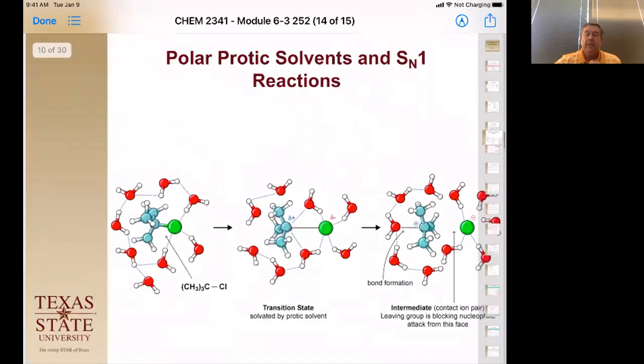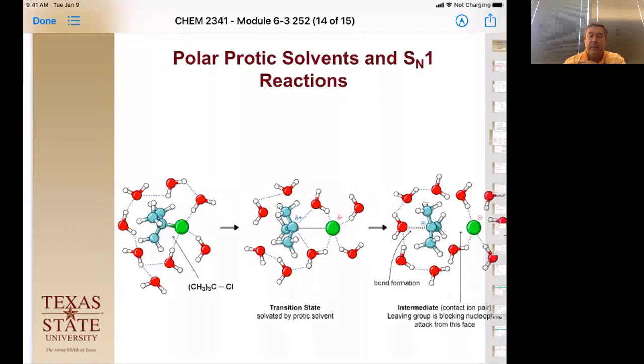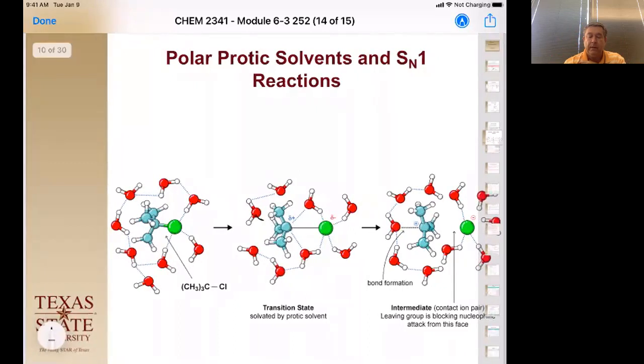Okay. So I said polar protic solvents are really commonly used in SN1 reactions. It's partially due to the fact that, because it's polar and protic, the leaving group is hydrogen bonded to very well by the solvent, which makes the leaving group easier to leave. In addition, the partially negative side of the solvent can help stabilize the carbocation.